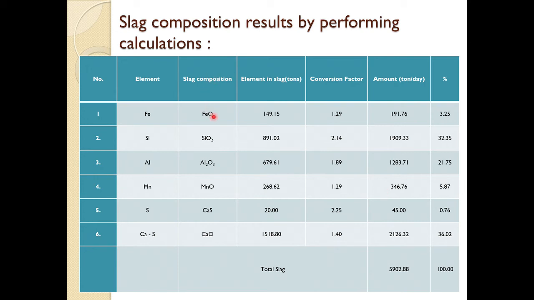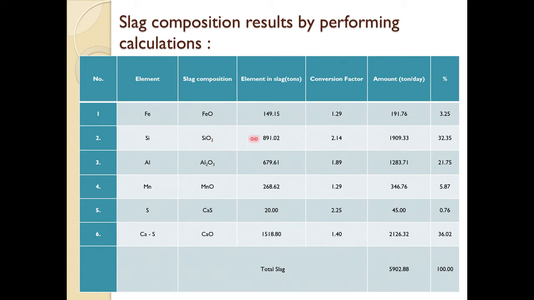and other oxides which are present in the slag. So mostly FeO, we got 3.25%, then you have SiO2, Al2O3, manganese oxide, calcium sulphide and calcium oxide. These are the oxides which are present in the slag.